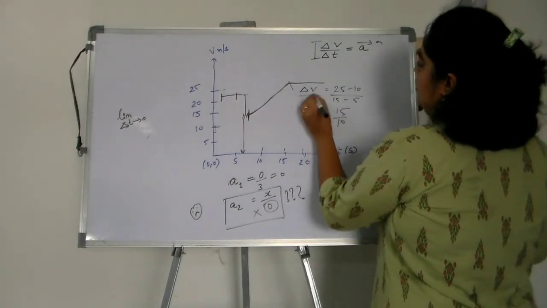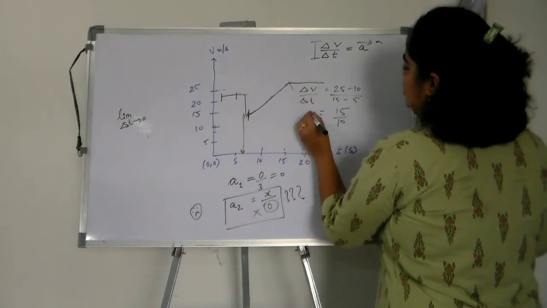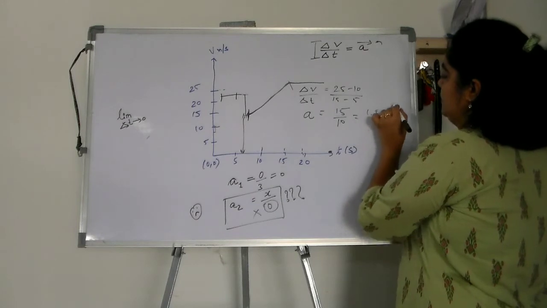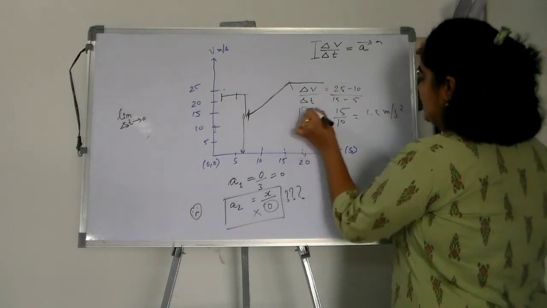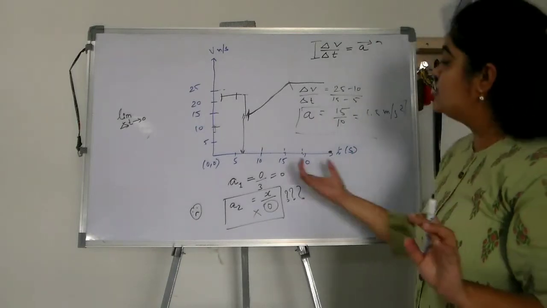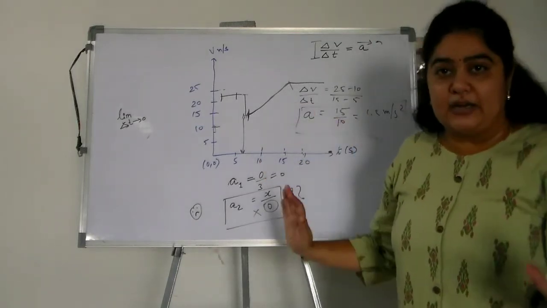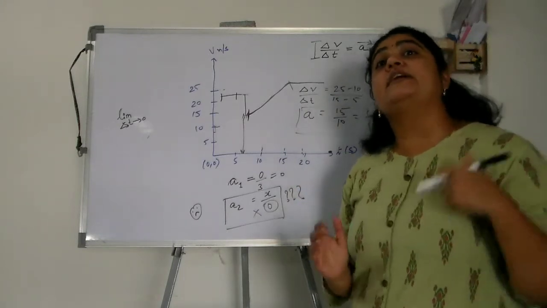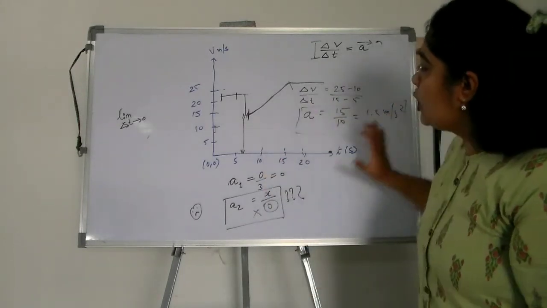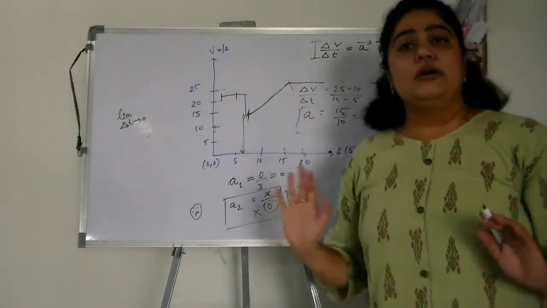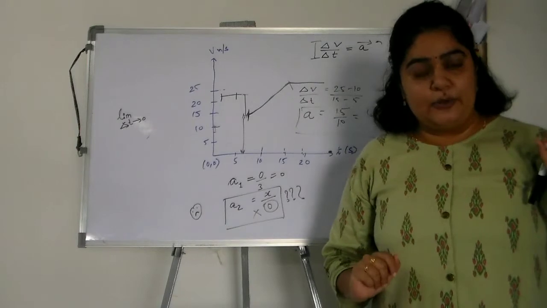So delta V by delta T, your acceleration will be 1.5 meters per second square. These are arbitrary numbers that I have taken, so you should not believe them right now. The practical numbers are very different, which we will study when we study the numericals. But this is just a concept. How are we getting acceleration from the graph? Is this much clear to you?